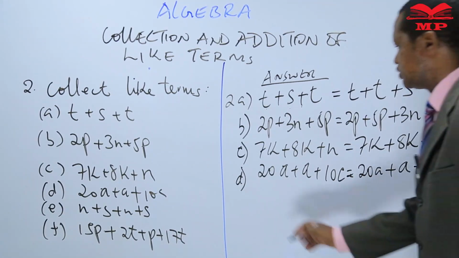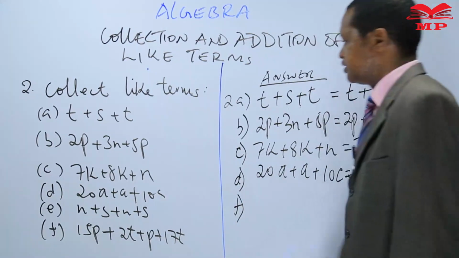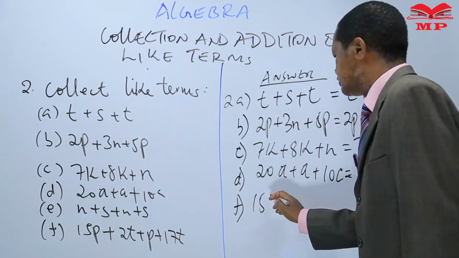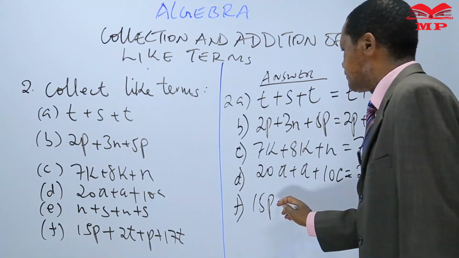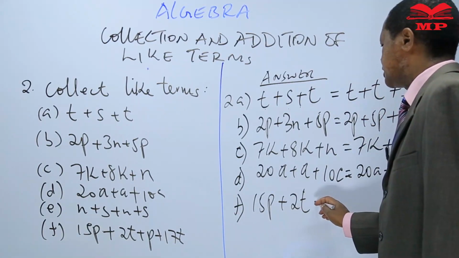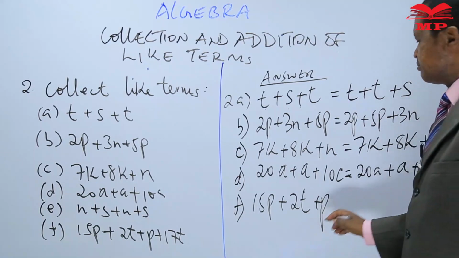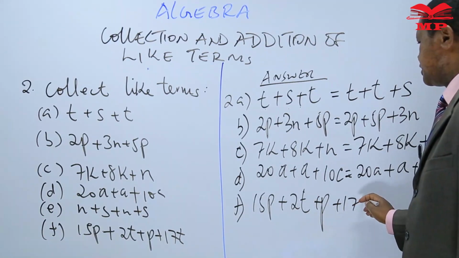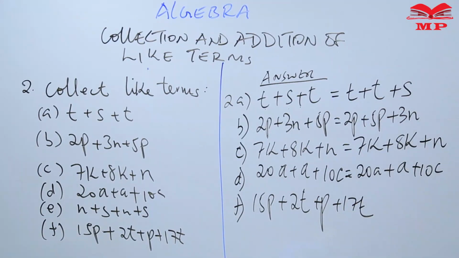Then we can do our last one. 15p plus 2t plus p plus 17t. So how do we go about this one?